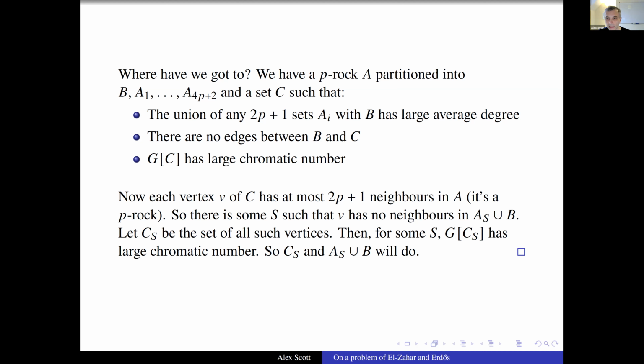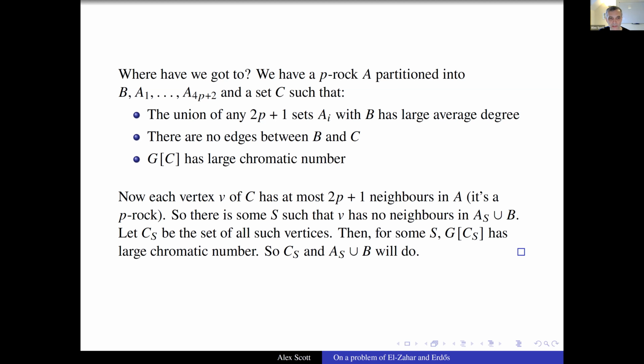So it has neighbors in at most 2p plus 1 of the sets AI. So in particular, there's some set of 2p plus 1 AIs that it misses. So there's some S of size 2p plus 1 so that V has no neighbors in AS or in B.